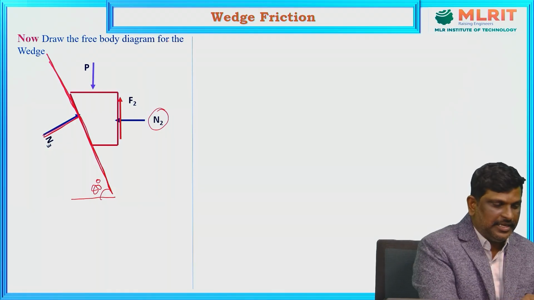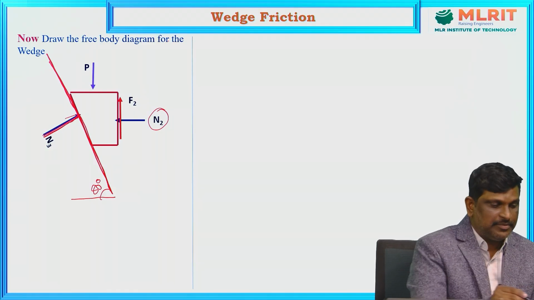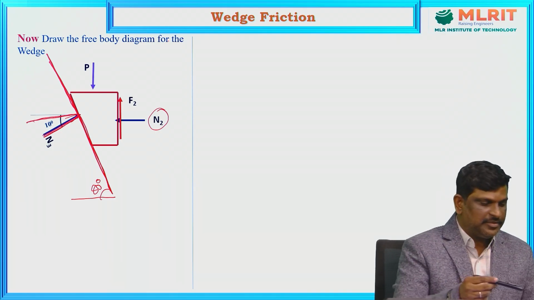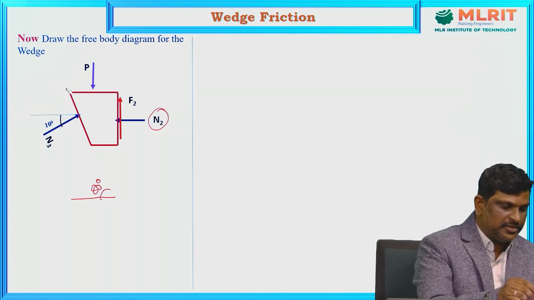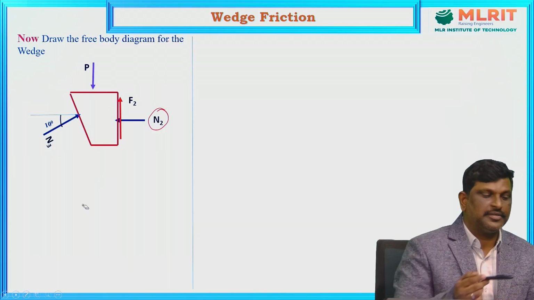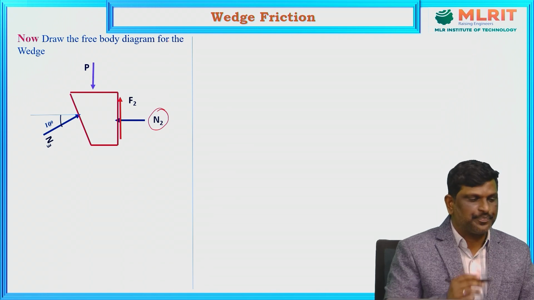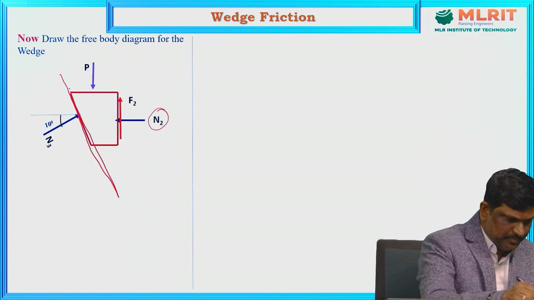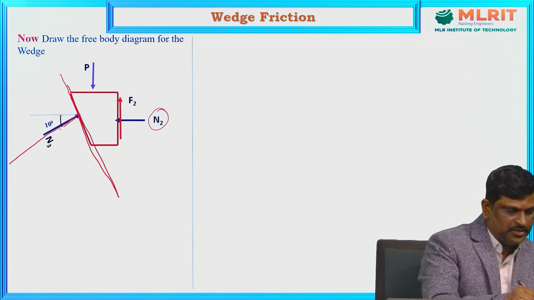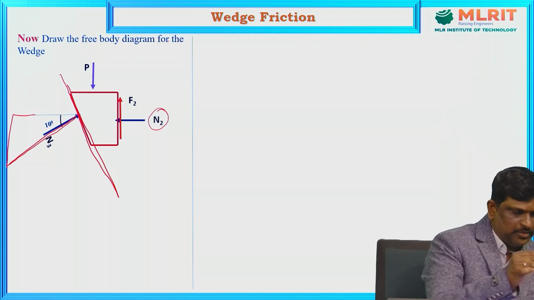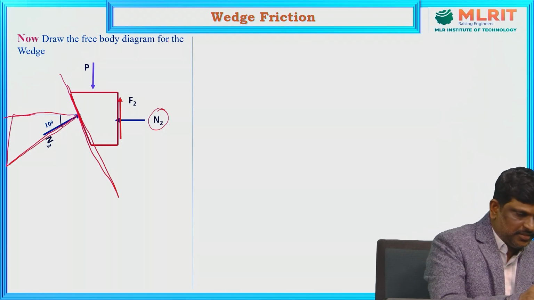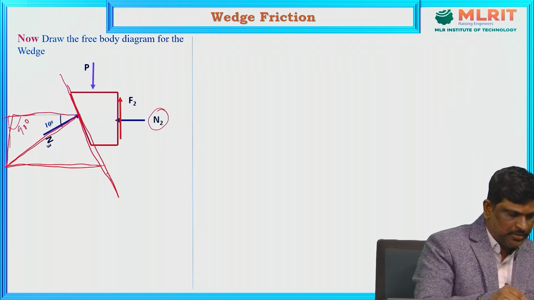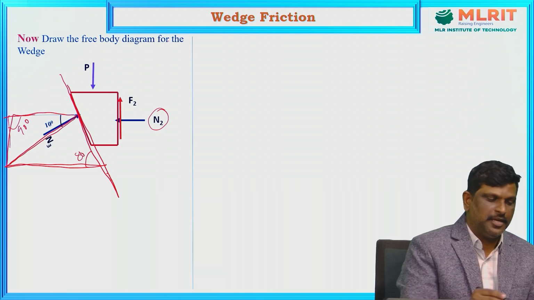So here N3 is perpendicular to the contact surface and it is making an angle of 10 degrees to the horizontal. Look at this. This is 90 degrees, this is also 90 degrees, and this is horizontal. This is 80 degrees.